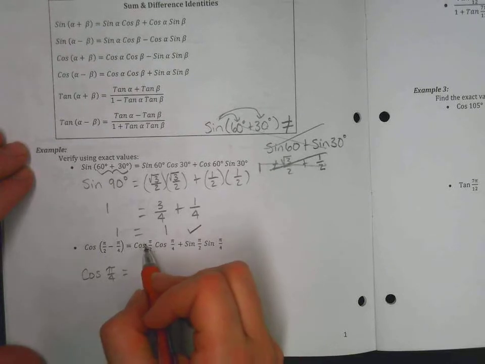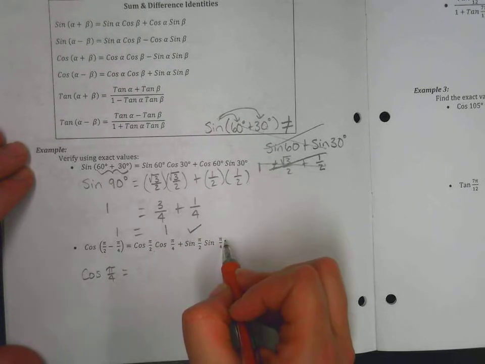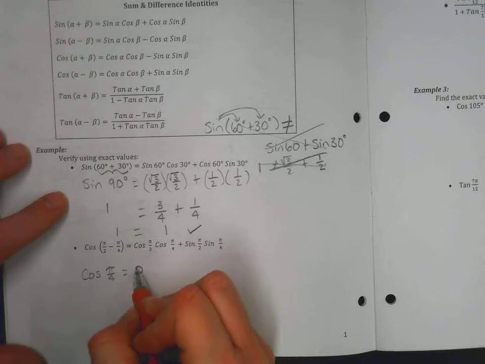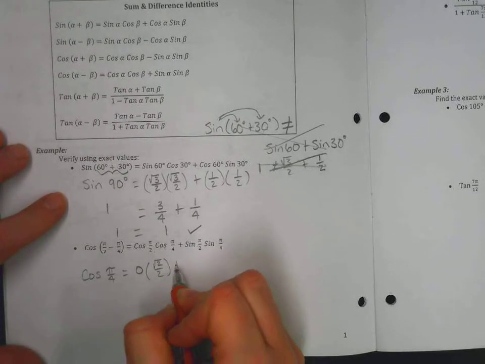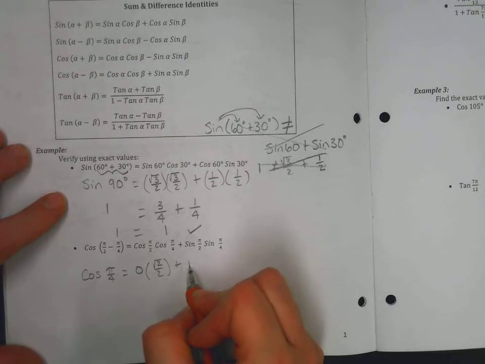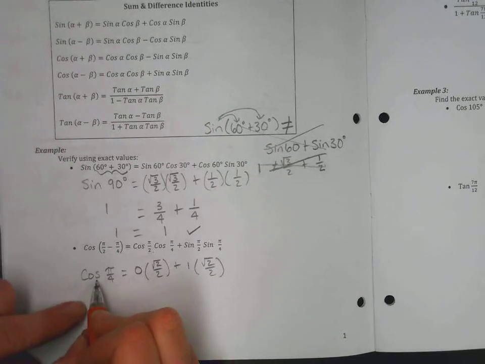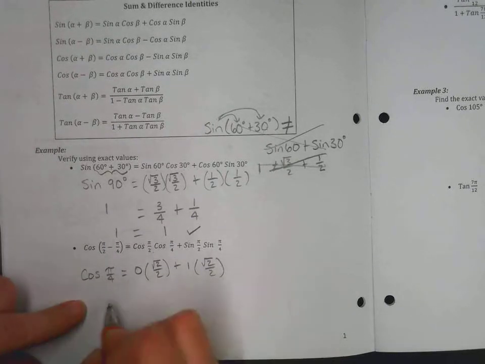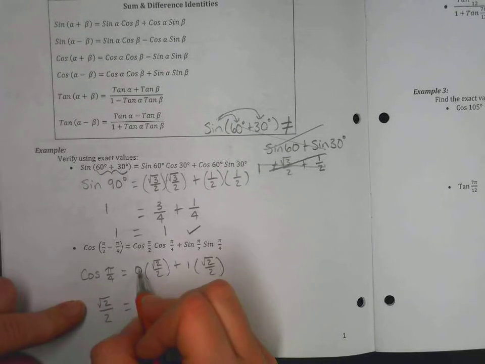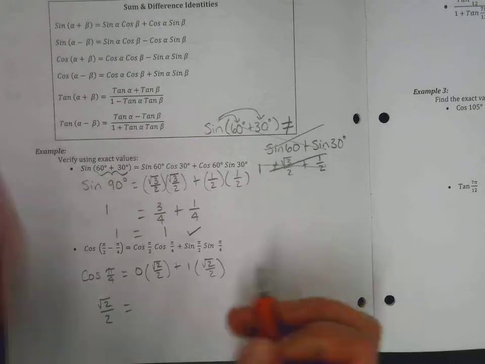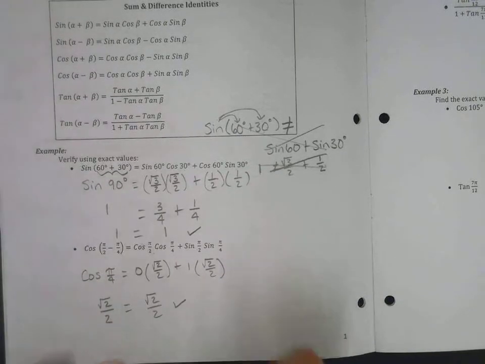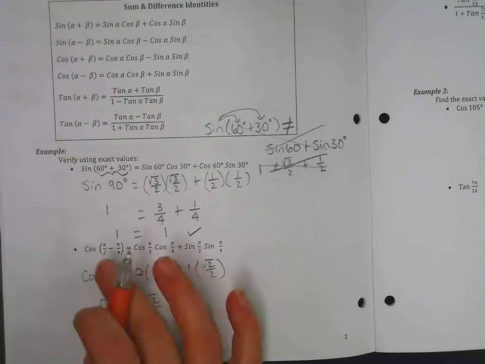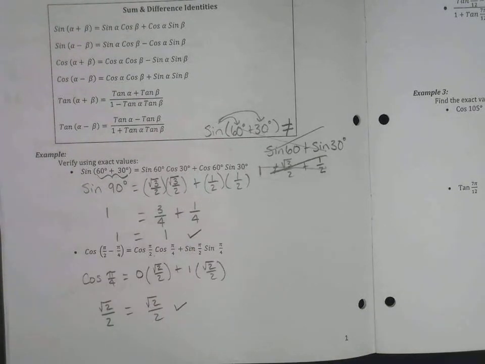If I go to my unit circle and find these ratio values, this would be 0 times root 2 over 2 plus sine of pi over 2, which is 1, times sine of pi over 4, which is root 2 over 2. The 0 term disappears, and 1 times root 2 over 2 is root 2 over 2. So we verified that this is equivalent to this identity.